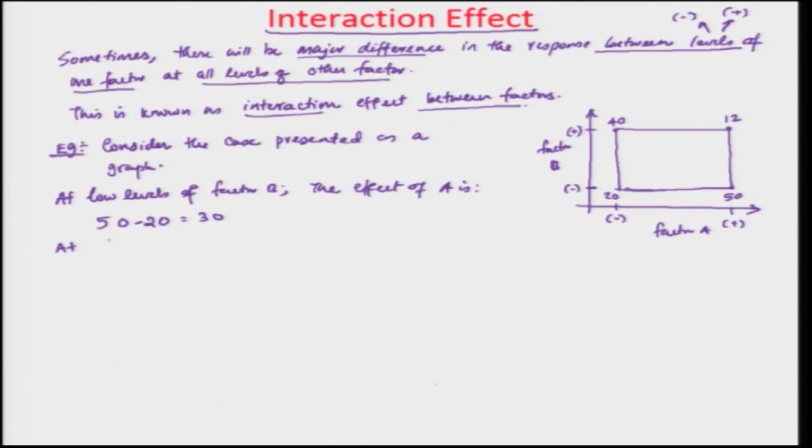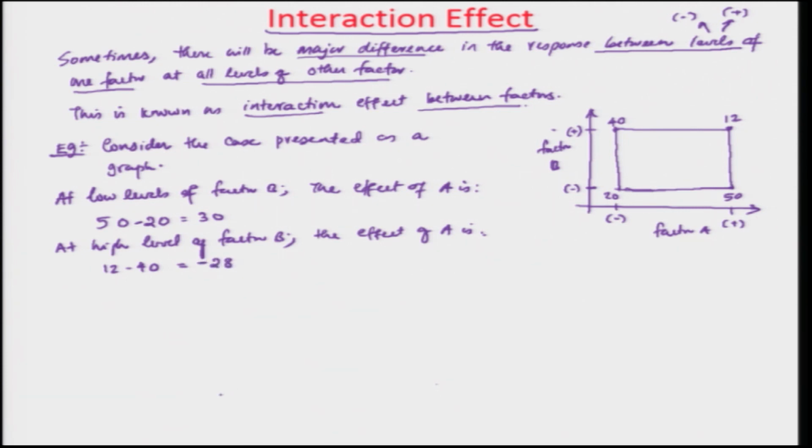Then at high level of factor B, the effect of A is, the high level is 12 and 40. So, it is 12 minus 40, which is equal to negative 28.